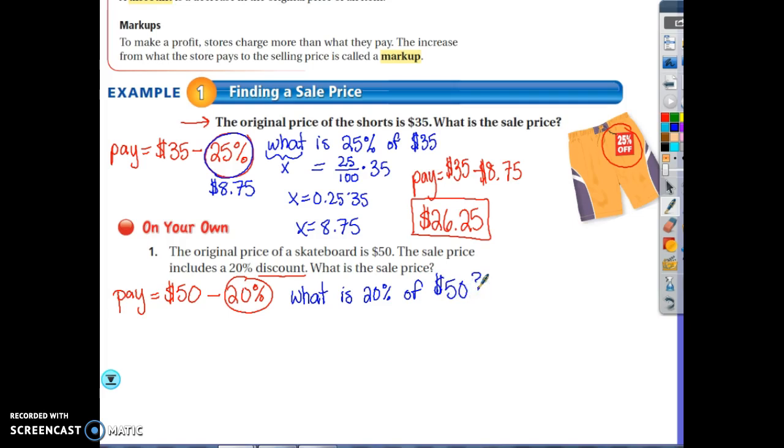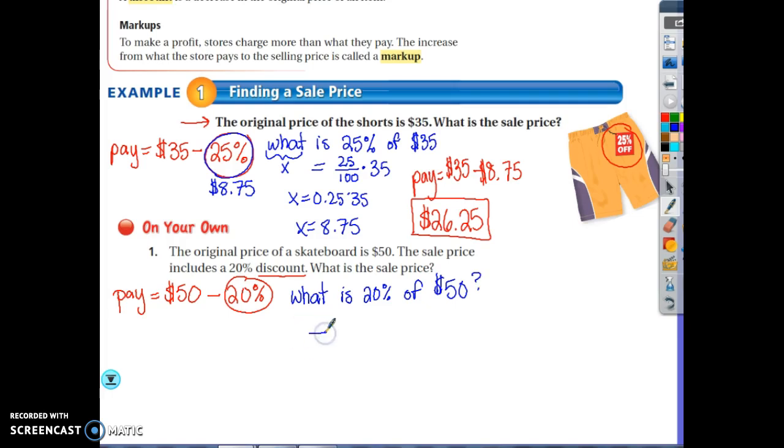Once I find this amount, I will have how many dollars we would be taking away. So again, I can do this either as an equation or a proportion. We did the last question as an equation. So just to make sure that we're practicing all of our options, I'm going to do this as a proportion. You're welcome to do it as an equation like I did before.